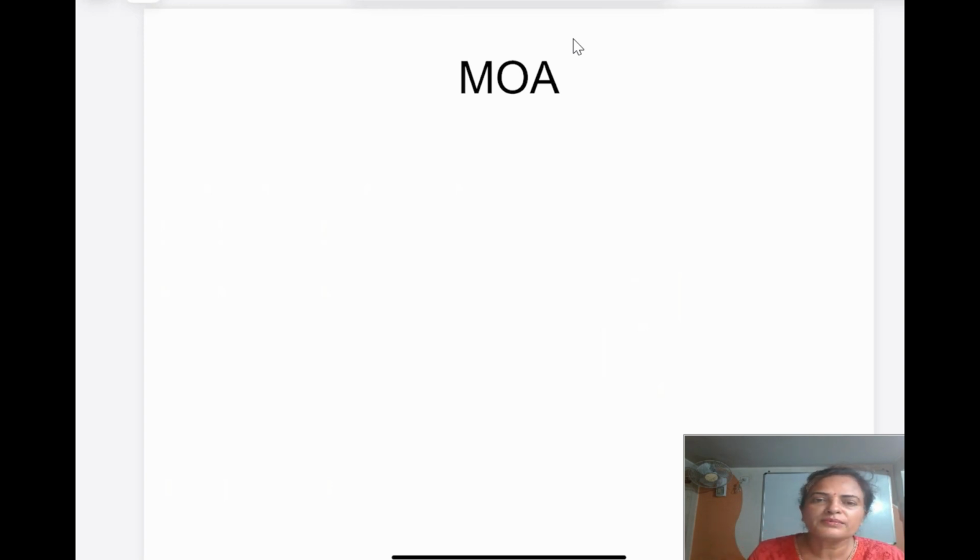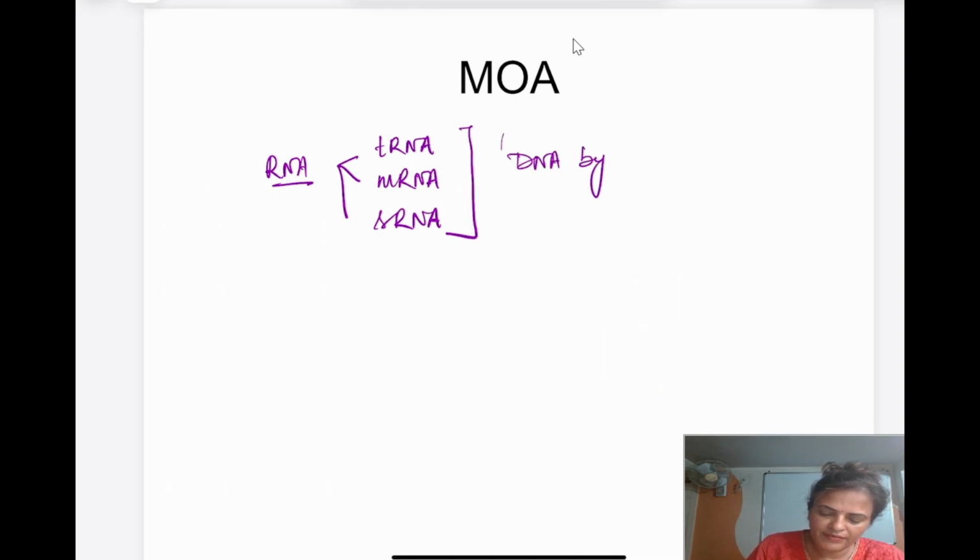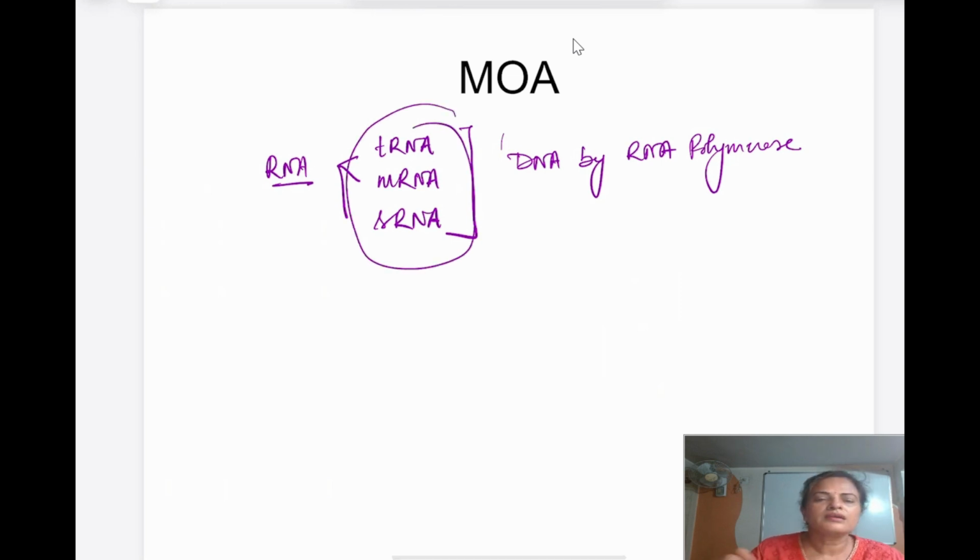For the synthesis of bacterial protein we need RNA, all three types: transfer RNA, messenger RNA and ribosomal RNA, and all of these come from DNA by RNA polymerase. Now these three form an initiation complex.